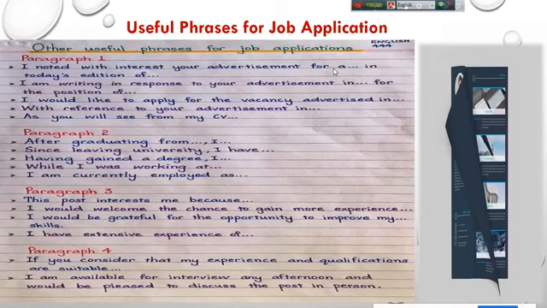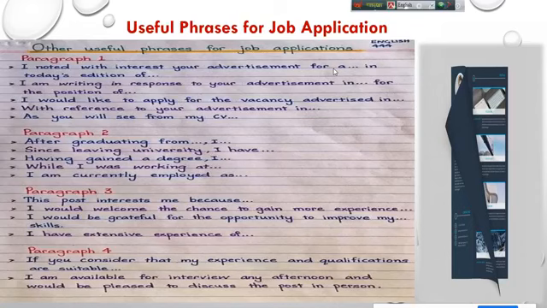And in the second paragraph, when we want to describe our skills and academic qualifications, we can start like this: after graduating, since leaving university, having gained a degree, while I was working at, or I am currently employed as so and so. Okay, so we can start with these phrases.